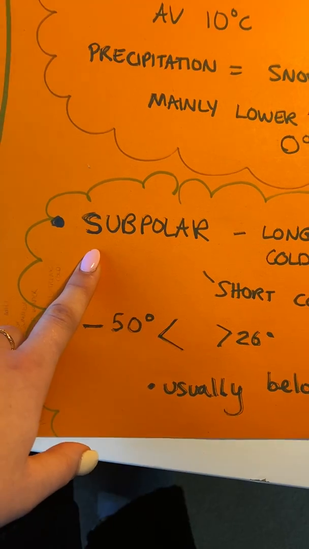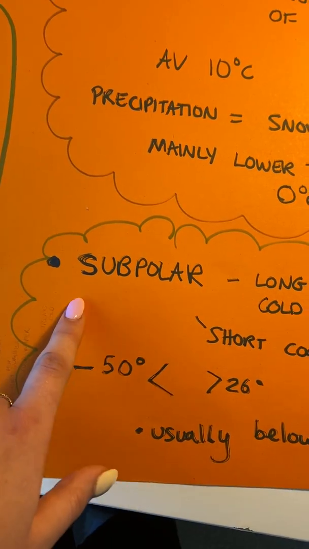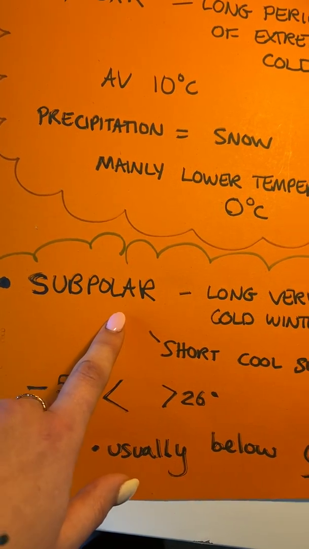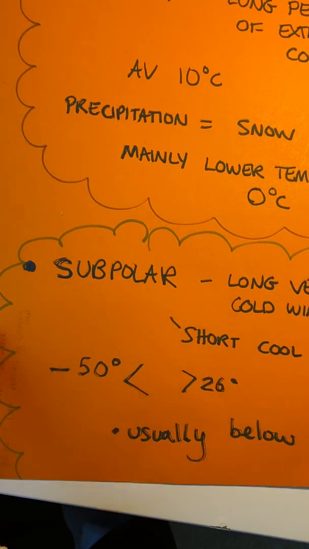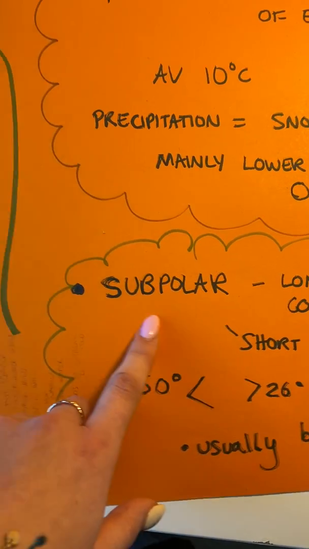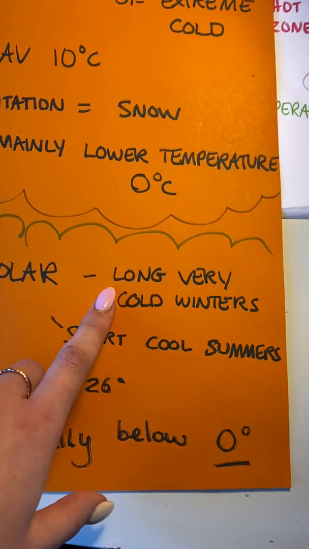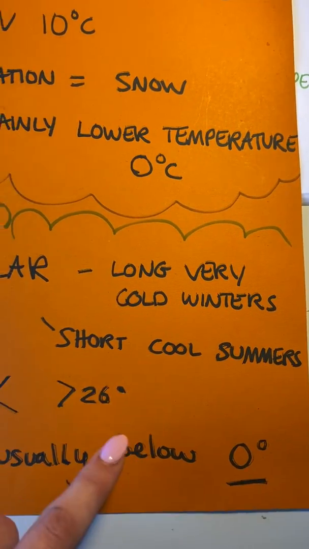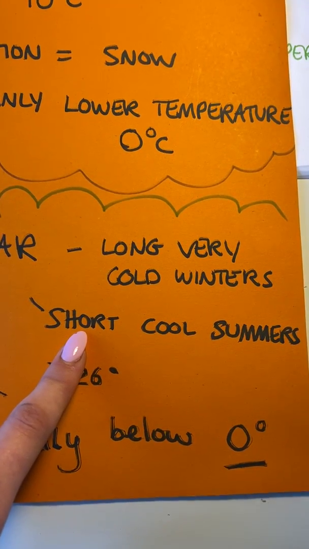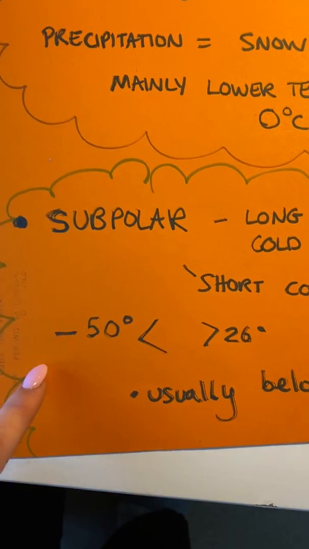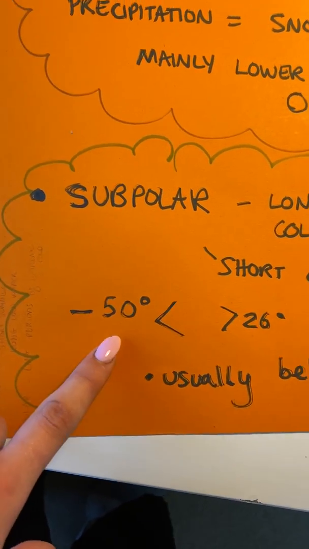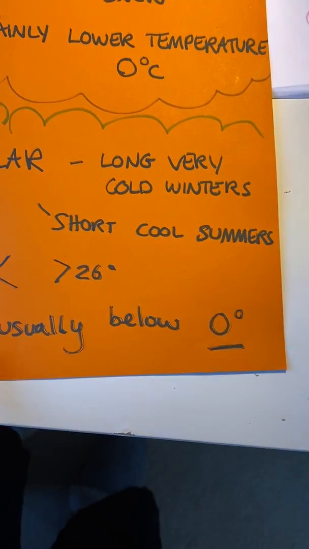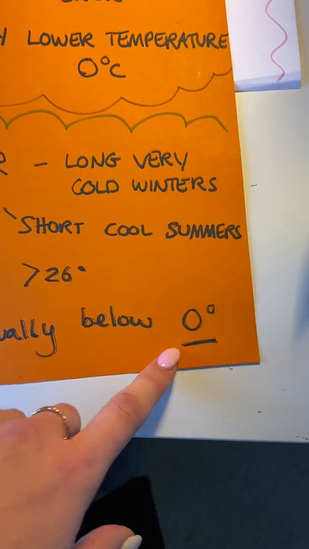And now another example, subpolar. Now subpolar is when there are very, very long cold winters, very, very cold, and short cool summers. And temperatures can be as low as minus 50 degrees Fahrenheit, and usually below 0 degrees.